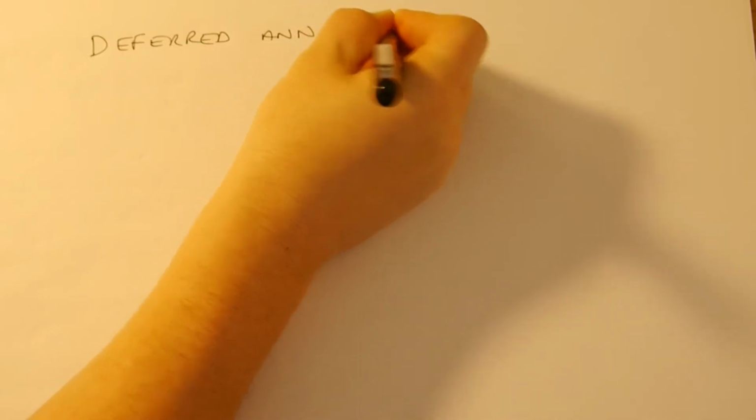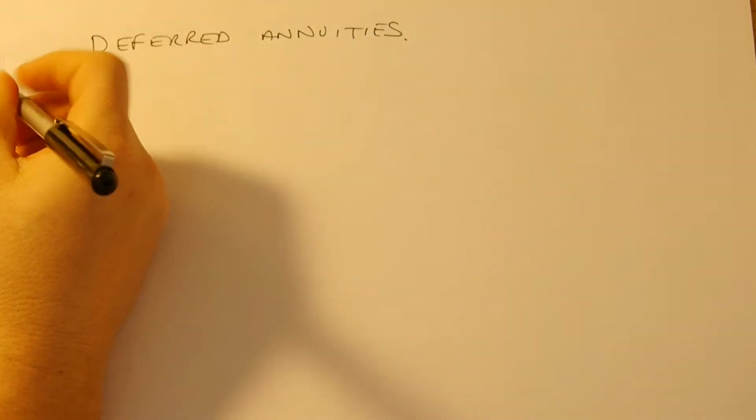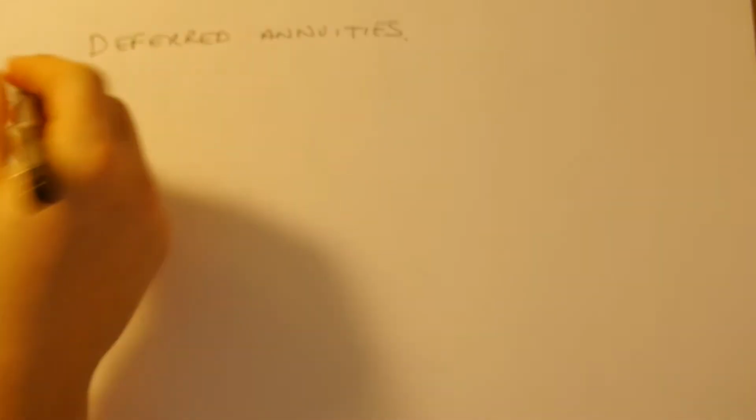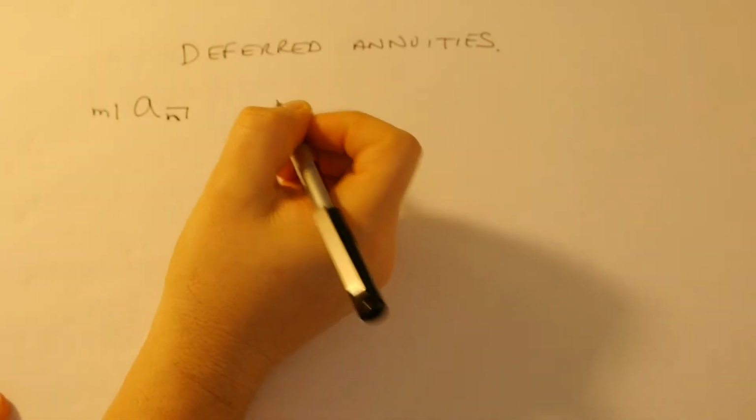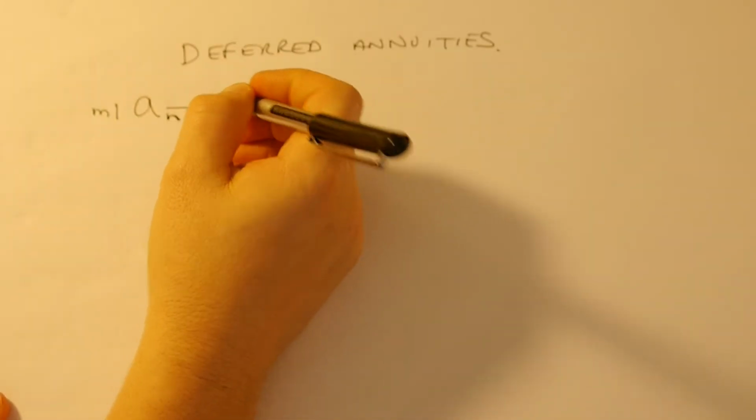Okay, so deferred annuities. If I write them out first of all, they're written in the form like this. So, explaining that, that's an annuity paid in arrear for n years or n periods, but it's deferred for m periods of that.